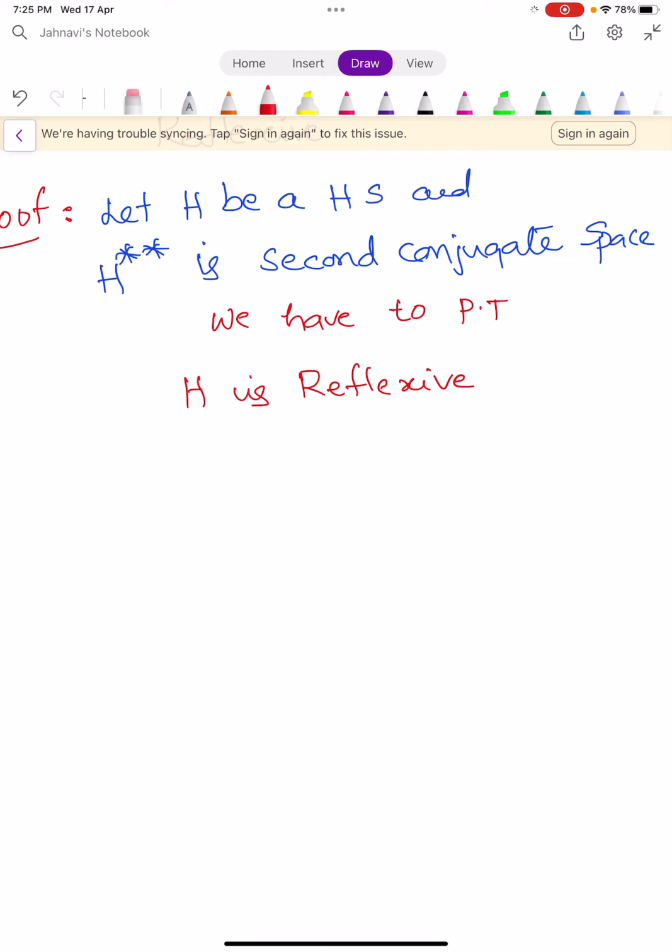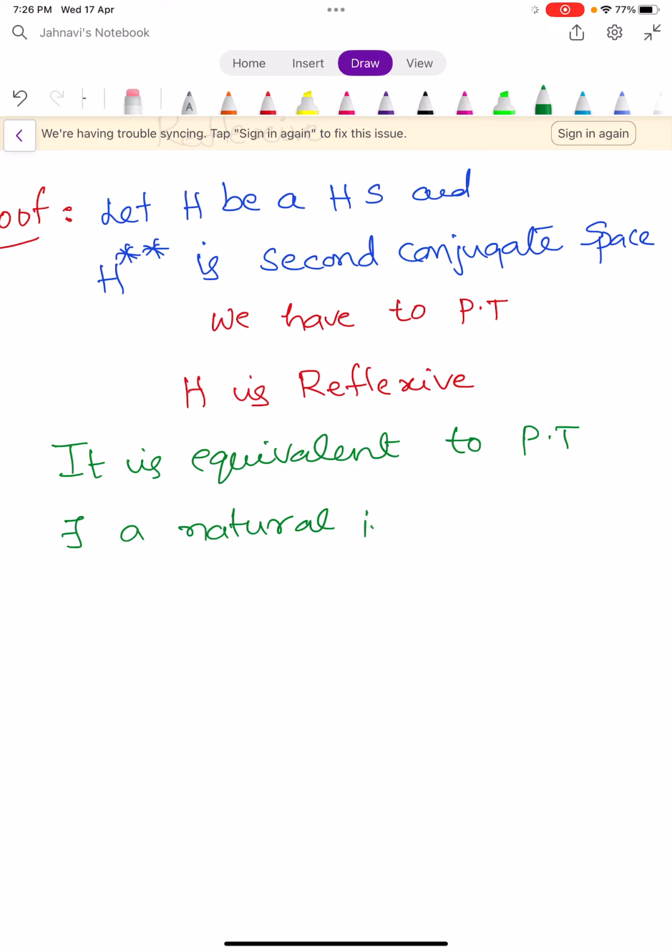To prove that a Hilbert space is reflexive, it is equivalent to prove that there exists a natural embedding from capital H to the second conjugate space H double star, and this natural embedding is an isometric isomorphism.